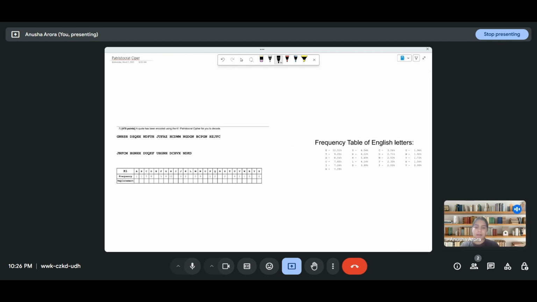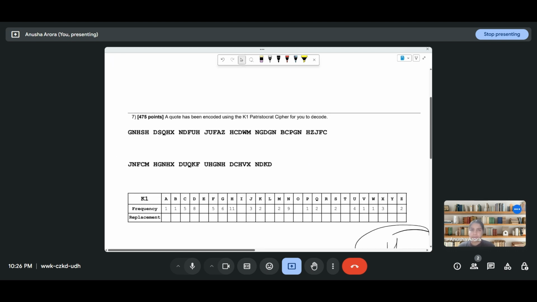So if you think about it, the most common and easily identifiable word is probably going to be "the". And so we're going to look for a group of 3 letters that we see repeating often that could maybe symbolize the word "the". So if I look through our cipher, you can see we have the letters G and H over here.